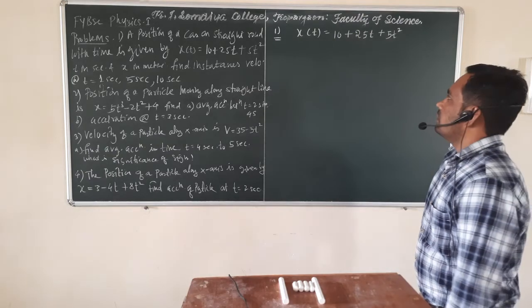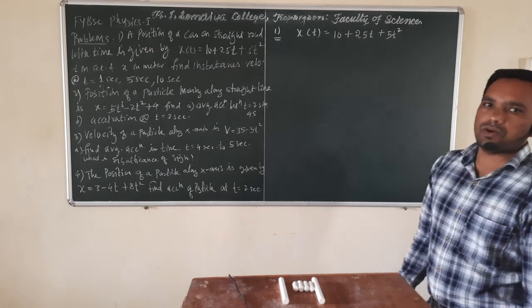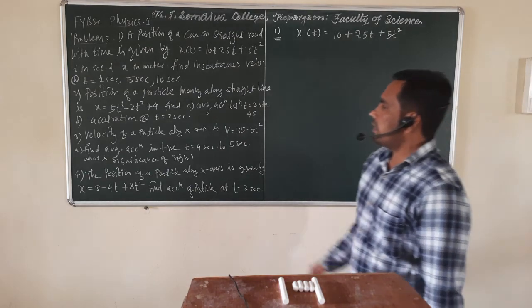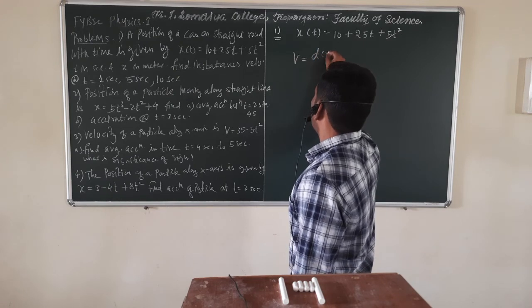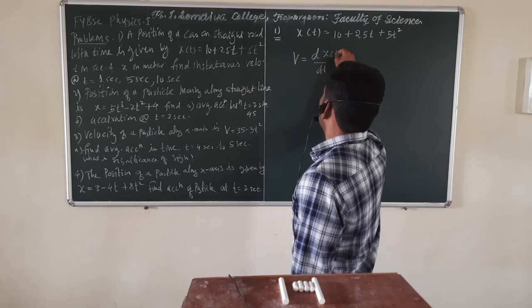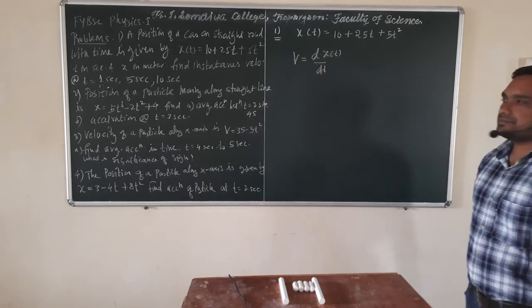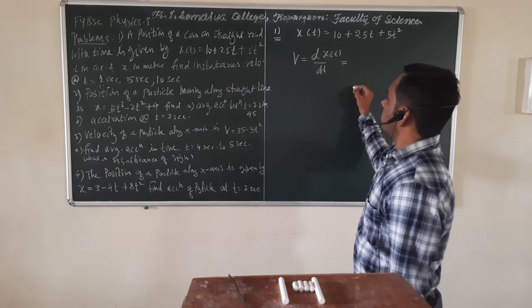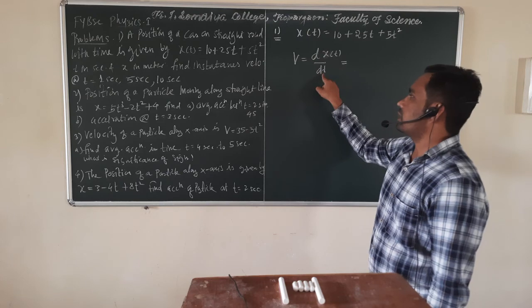Now to find the equation for instantaneous velocity, we know that instantaneous velocity is the derivative of its position. So by using this, we can write this is equal to, now we have to take the derivative of this with respect to time.